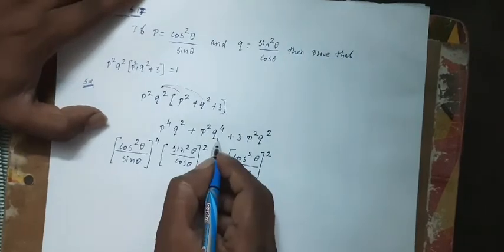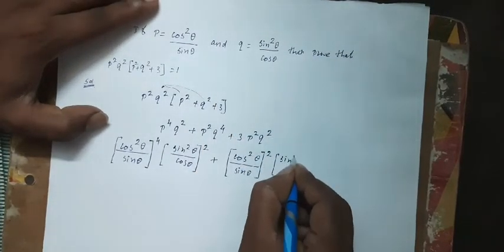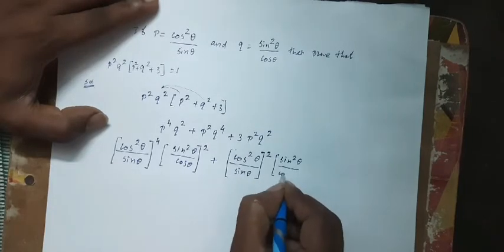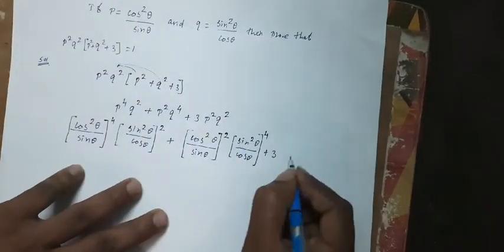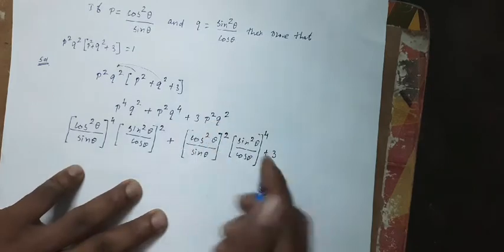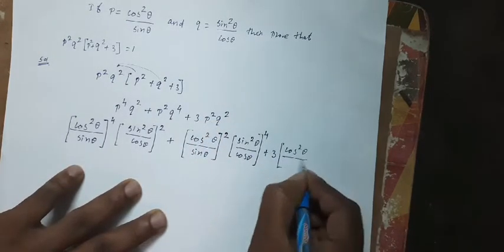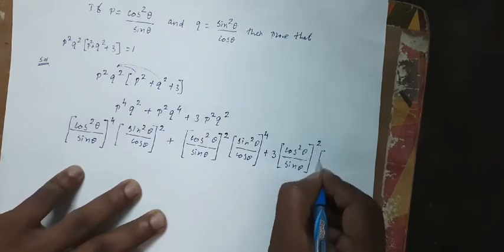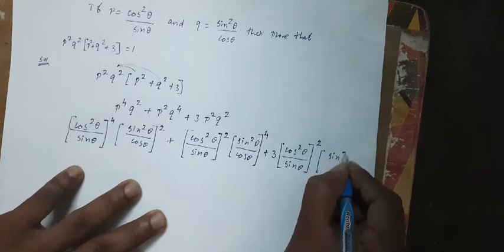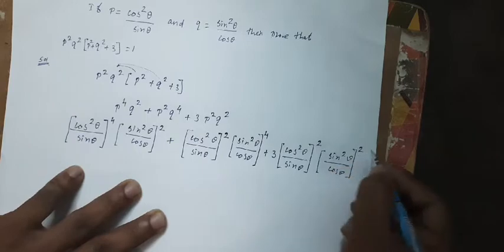And the next Q power 4, where Q is sin square theta by cos theta, the whole power 4. Q power 4 plus 3 P square Q square. Here P is cos square theta by sin theta the whole square and Q square is sin square theta by cos theta the whole square.